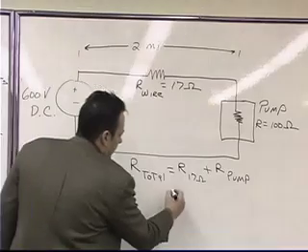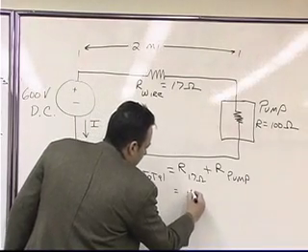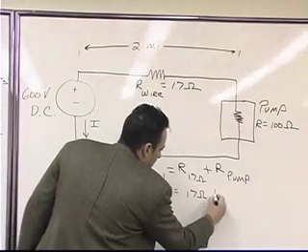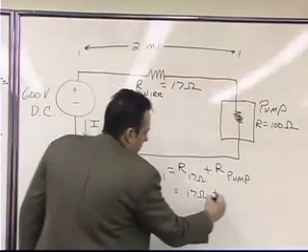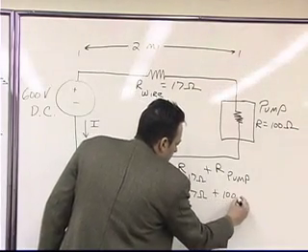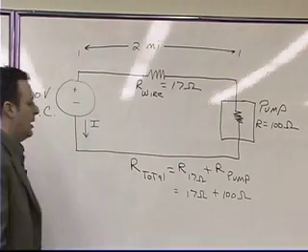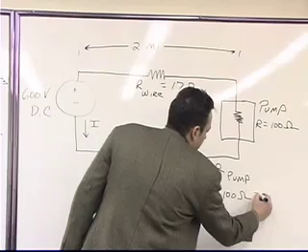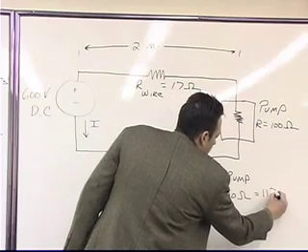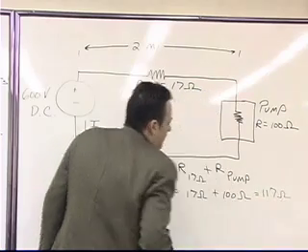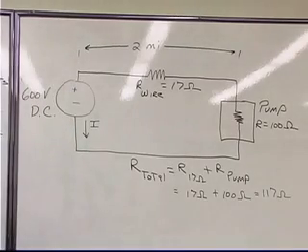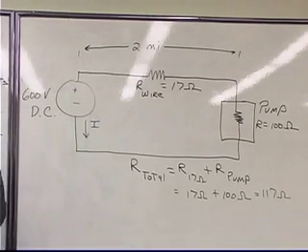And clearly, that's going to be equal to 17 ohms plus 100 ohms. Okay? So when we combine those, we're going to get 117 ohms. So if we were to draw an equivalent circuit, question?